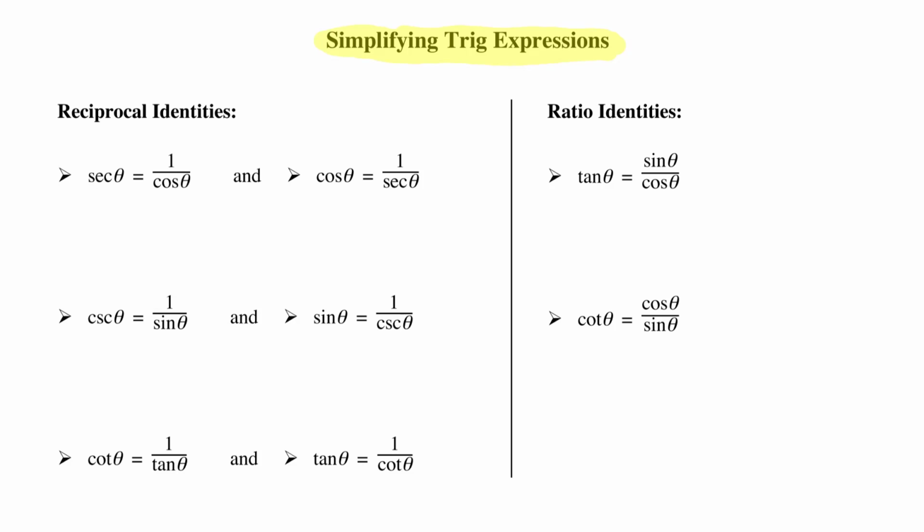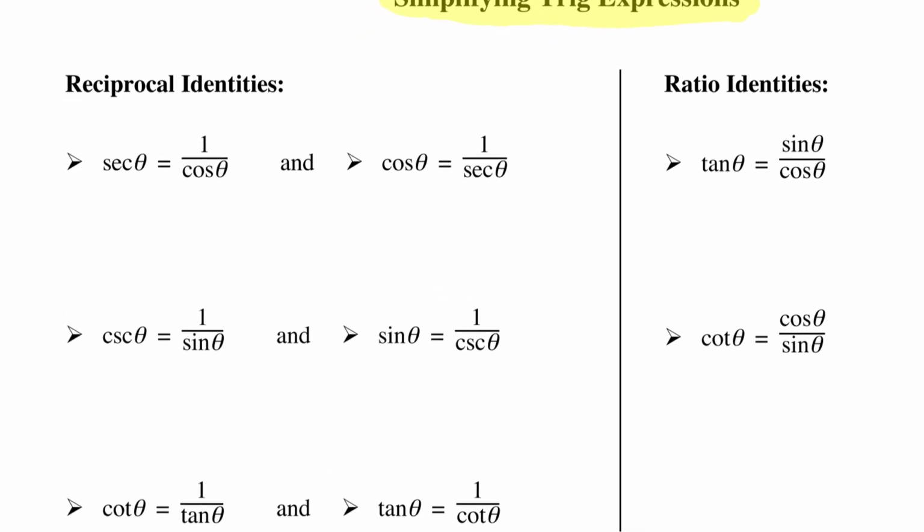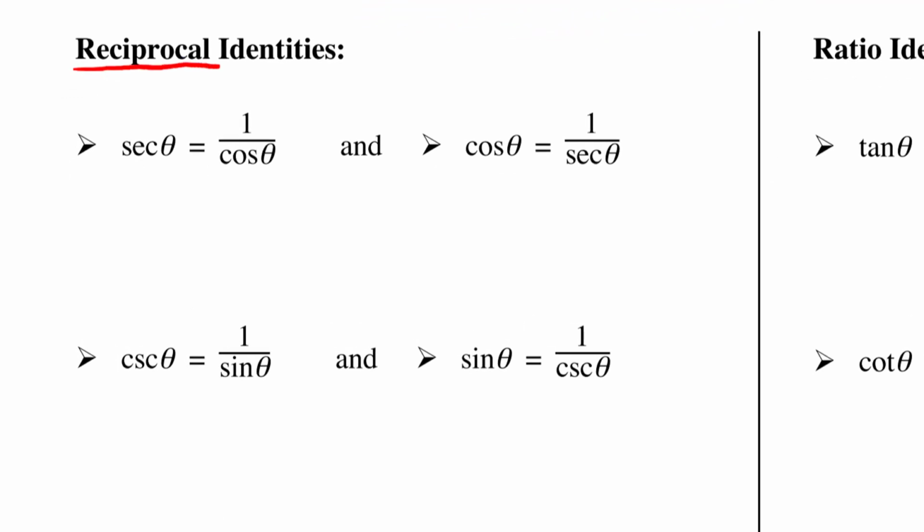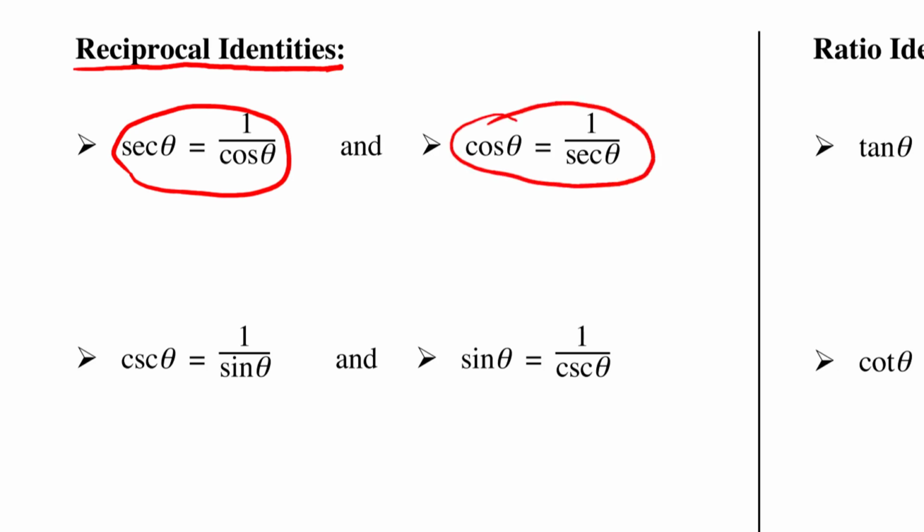To start, let's recognize that we have some identities that we are beginning to become familiar with, starting with the reciprocal identities. We know that because they are reciprocal, secant and cosecant, that secant theta is 1 over cosine, and cosine is 1 over secant.